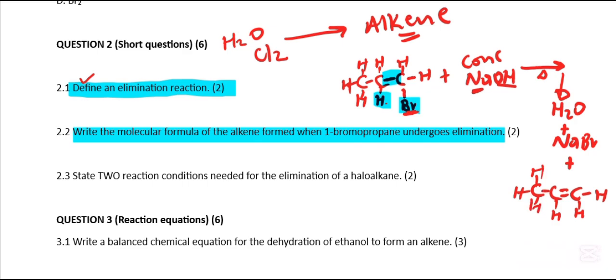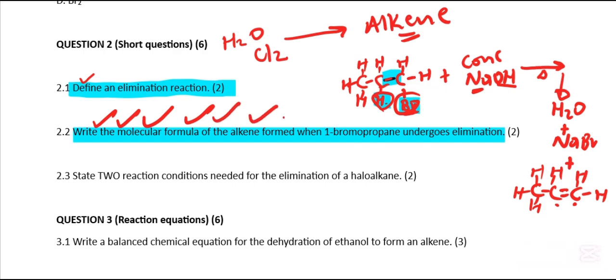So since we are removing below, I have hydrogen here. Then the equation: write down the molecular formula of the alkene formed. The alkene that is formed here has 3 carbon atoms, C3.